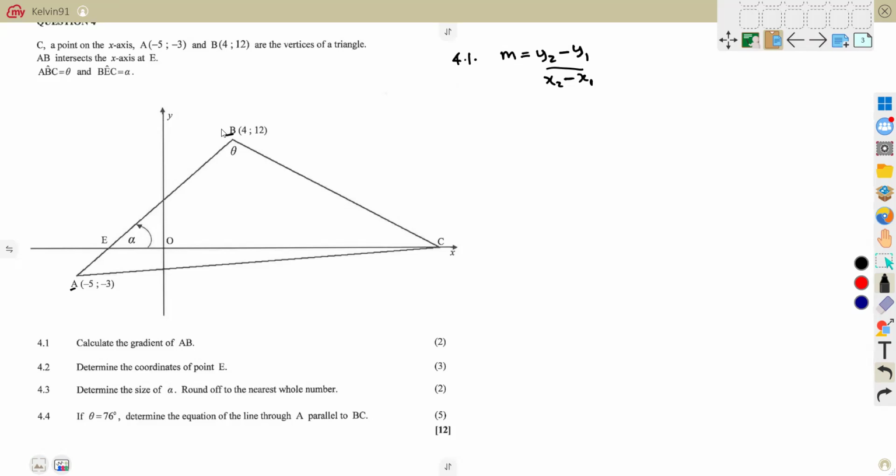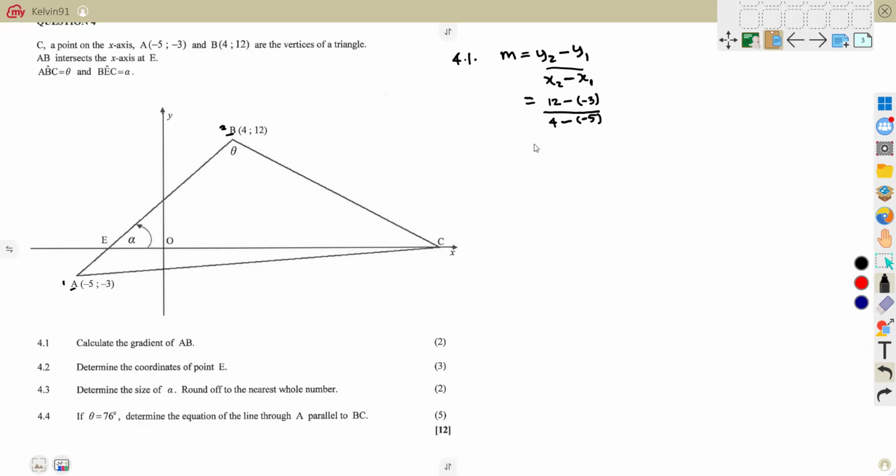If you decide this set of coordinates to be your 2 and this one to be your 1, it means the gradient will be equal to 12 minus 3 over 4 minus minus 5.